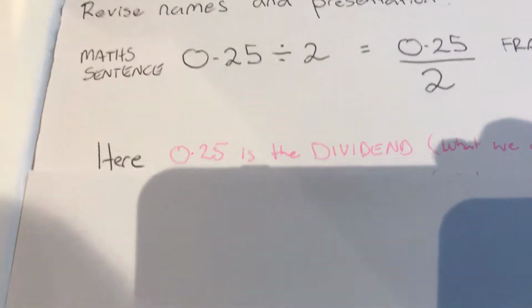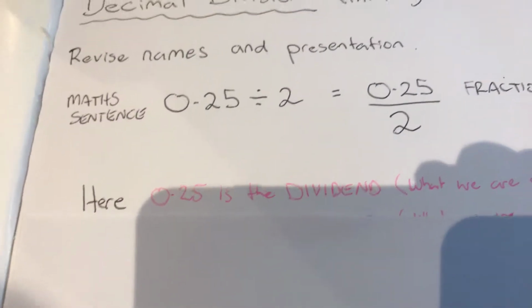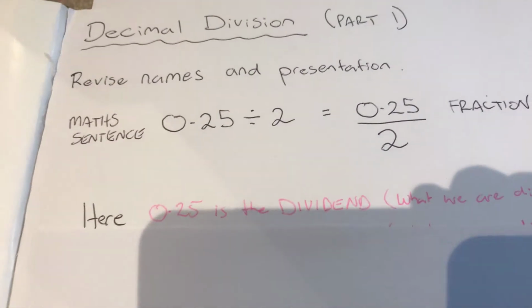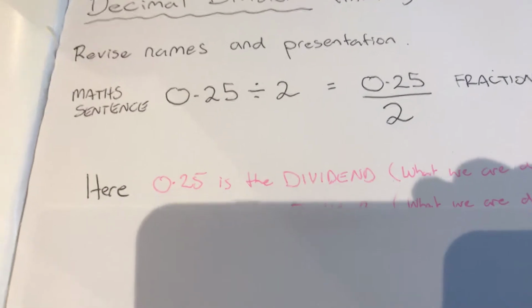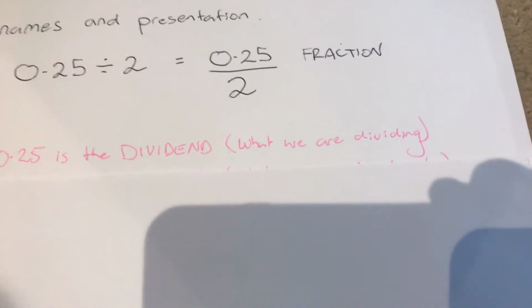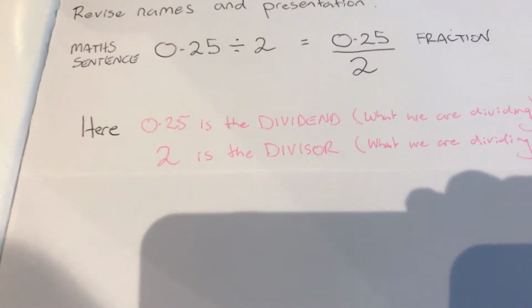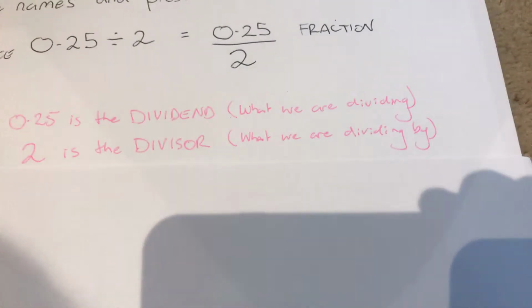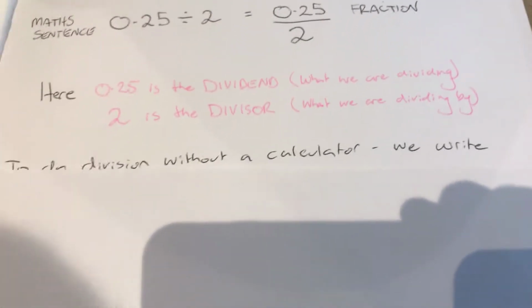But I want to show you the names for the numbers here. 0.25 is the dividend, which is what we are dividing. 2 is the divisor, and that's what we are dividing by.